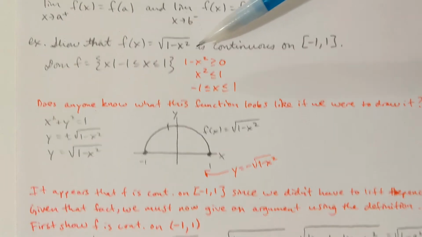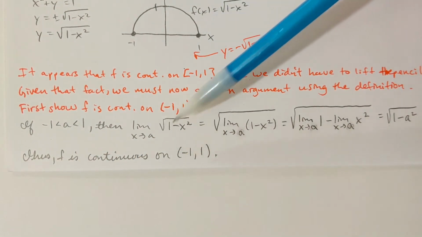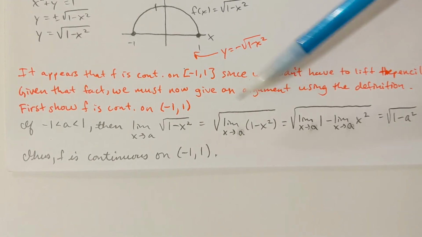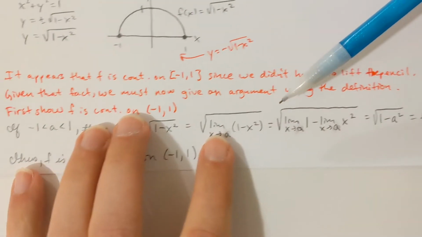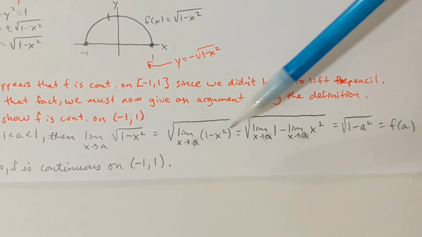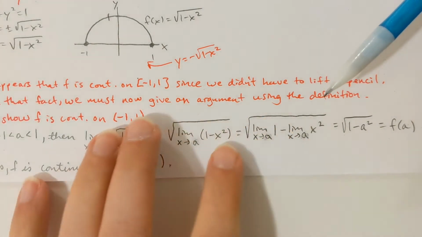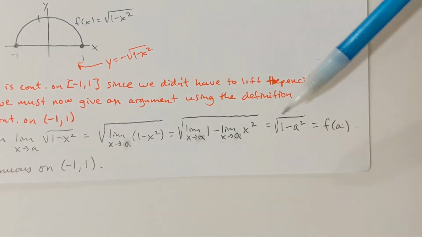Now, f of x is the square root of 1 minus x squared, right? And the limit as x approaches a of the square root of 1 minus x squared. Well, I can distribute the limit notation underneath the radical and then also into the two terms here, right? Limit of a difference is the difference in the limits. And the limit of a constant is always the constant.